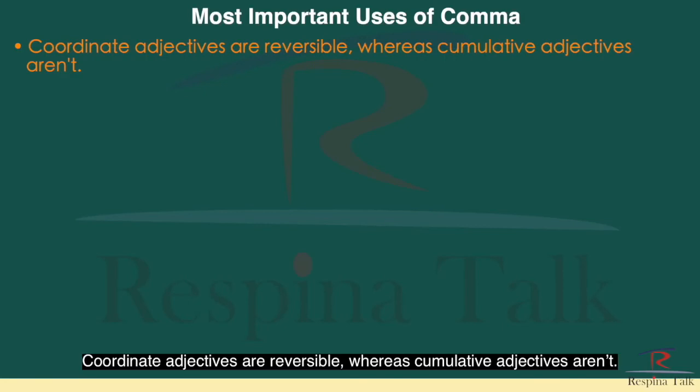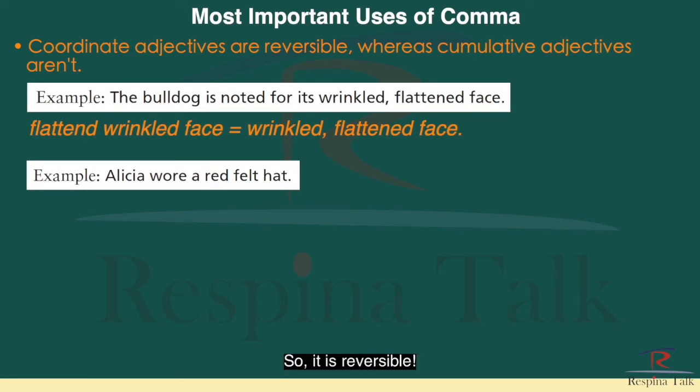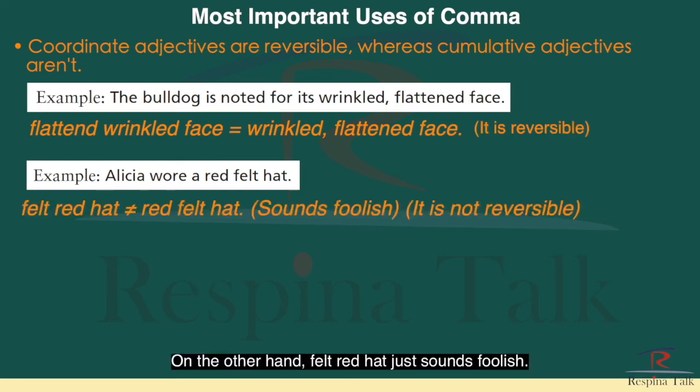Coordinate adjectives are reversible, whereas cumulative adjectives aren't. That is, "flattened, wrinkled face" works as well as "wrinkled, flattened face," so it's reversible. On the other hand, "felt red hat" just sounds foolish.